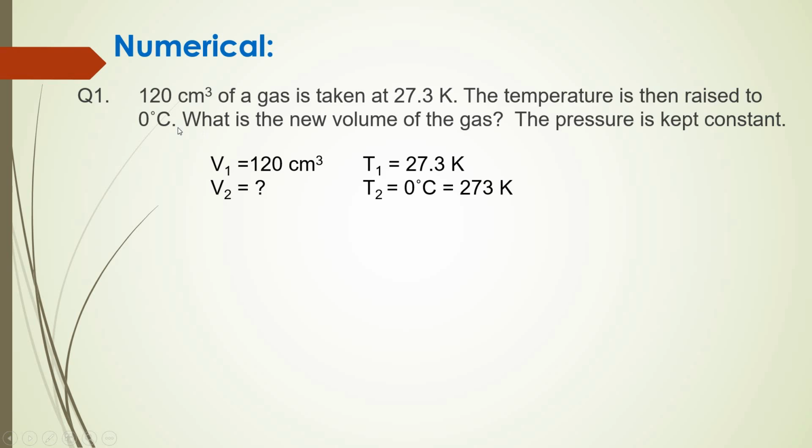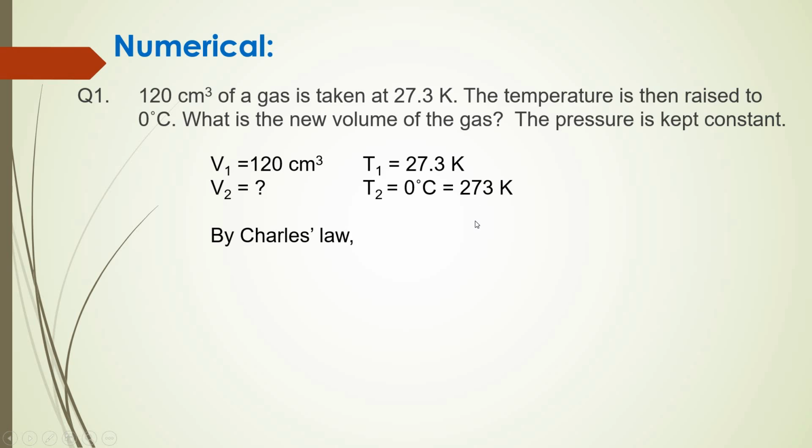We do not use centigrade scale or Fahrenheit scale. So we need to convert the 0 degrees Celsius to Kelvin scale. We know that 0 degrees Celsius is equal to 273 Kelvin. So our final temperature T2 is 273 Kelvin.